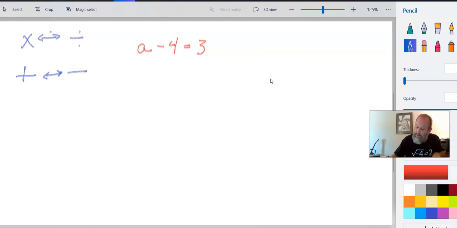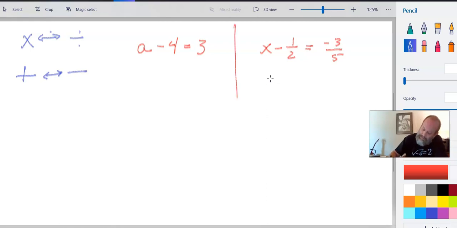And then we have x minus 1/2 is equal to negative 3/5. Okay, so we've already talked about fraction stuff and how to do operations with fractions. So this is kind of putting a couple of things together. But go ahead and pause here and see how you do.